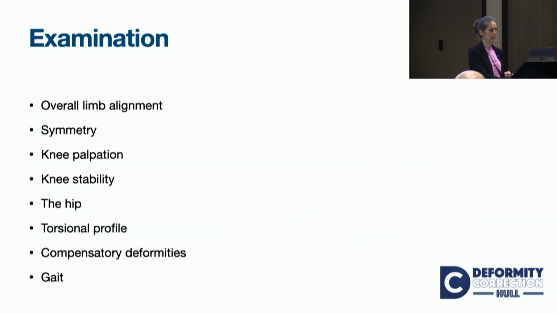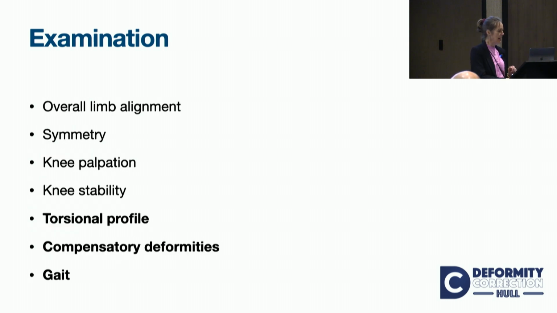And then examining the patient, all the usual things you're going to look for. Do not forget the hip. We've all seen patients whose knee pain is actually from the hip, so I'm just reminding you all of that now. And don't forget torsional profile, including adults.